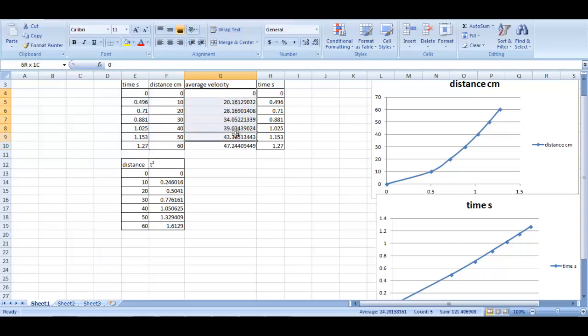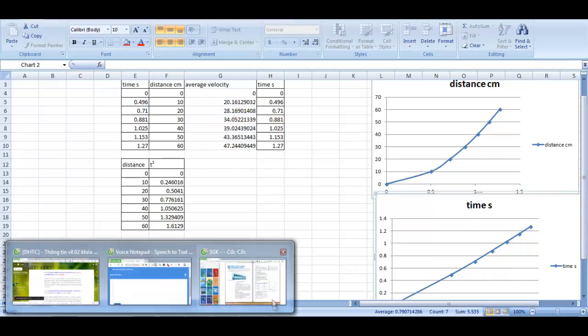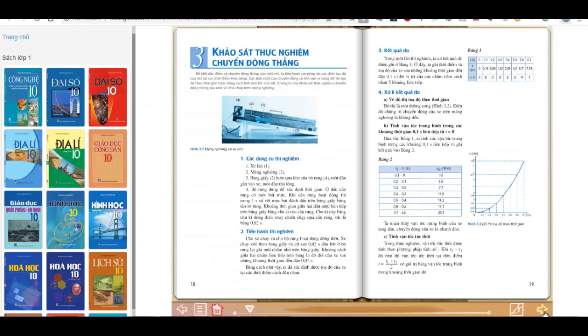They are expected to calculate the average velocity from distance and time, and after that they are expected to draw a graph of distance and time, and then draw a graph of average velocity and time, and then they are expected to conclude that this motion is not uniform, and velocity is not a constant, just as in the textbook, as you can see here.